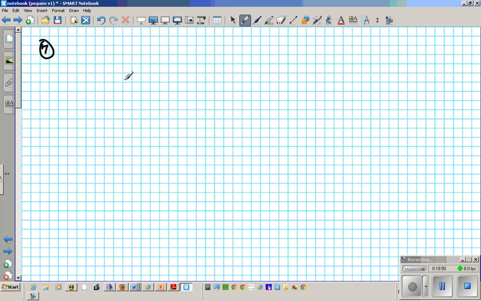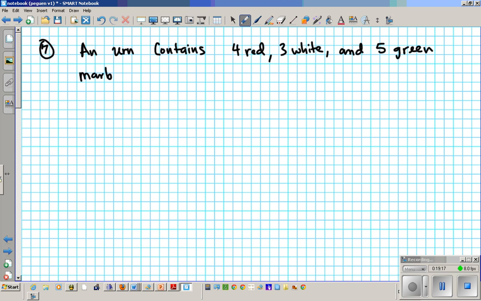It says an urn contains 4 red, 3 white, and 5 green marbles. What is the probability?